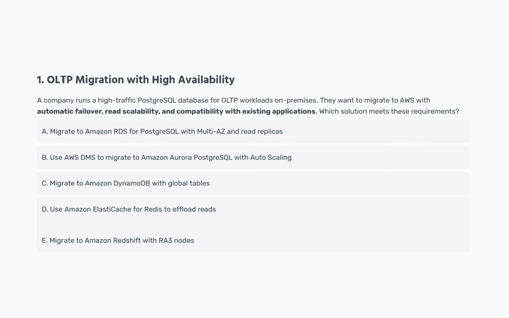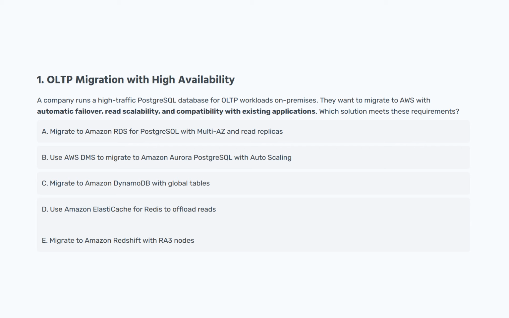A company runs OLTP migration with high availability. A company runs a high traffic PostgreSQL database for an OLTP workload on premises, right? So it's OLTP, online transaction processing, based on PostgreSQL.